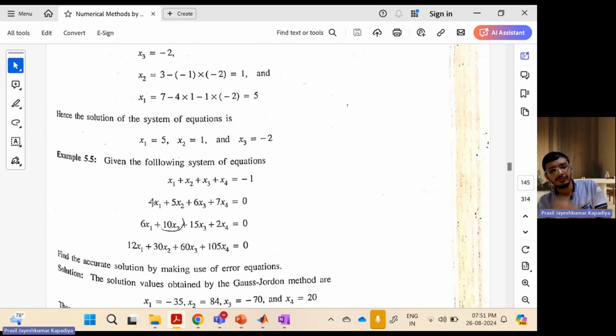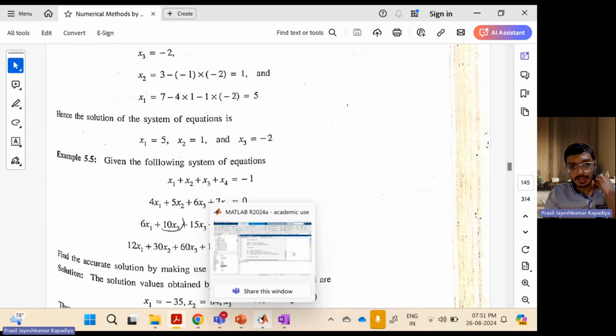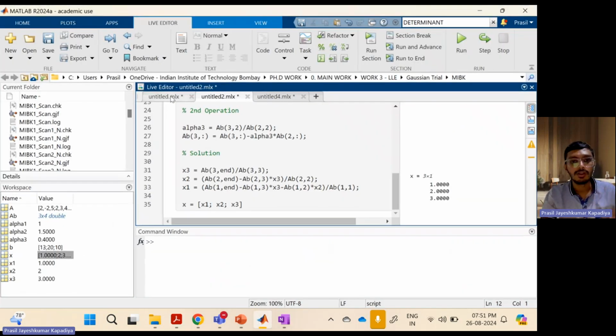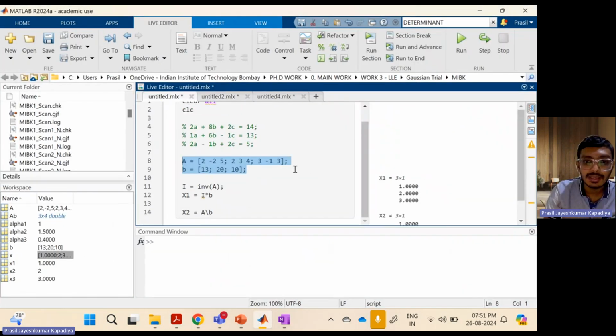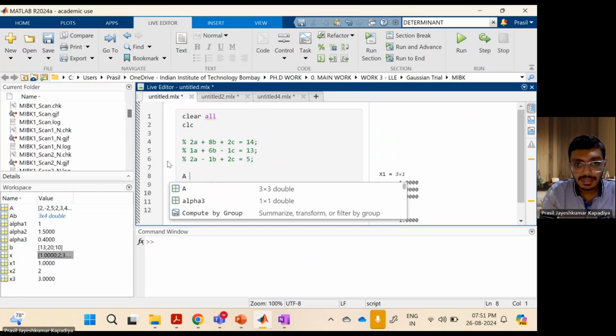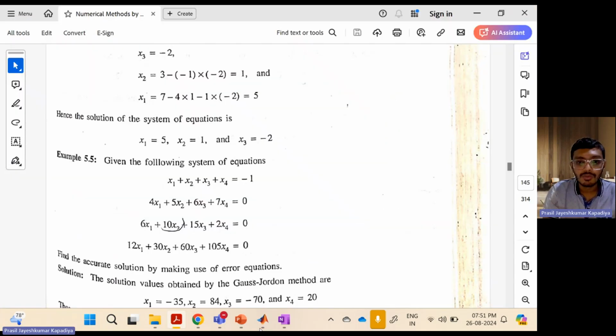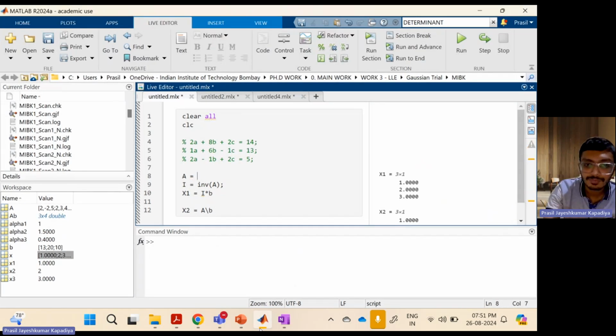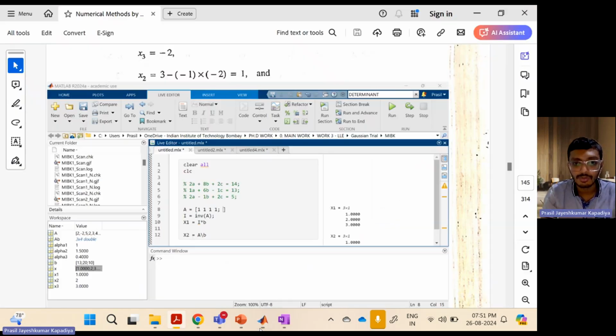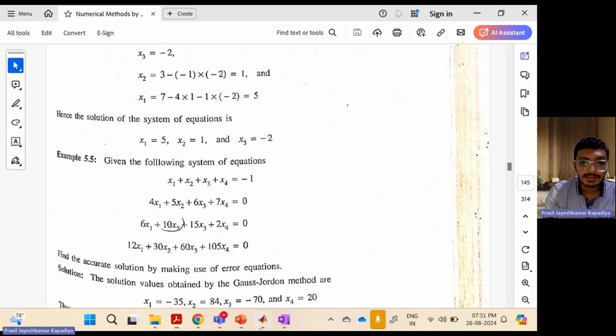Let's take this one. X1 plus x2 plus x3 plus x4 is equal to minus 1. So my matrix A is, first equation, A is equal to 1 1 1 1. B is equal to 4 5 6 7.